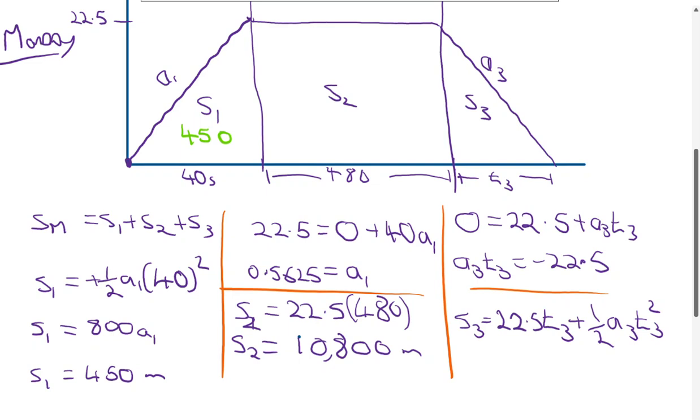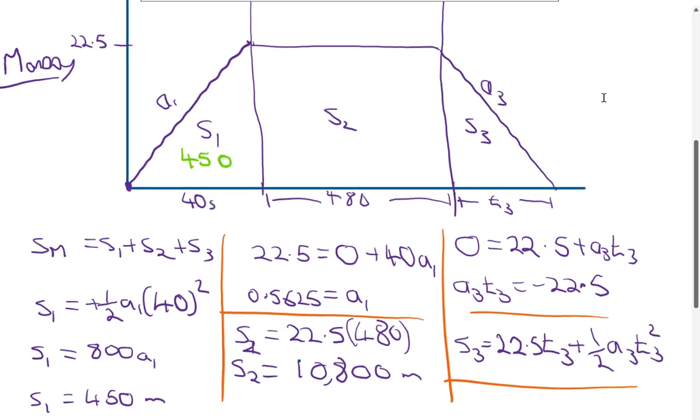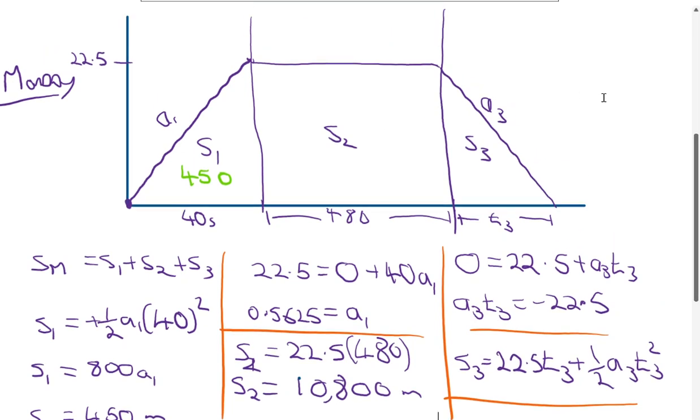So I'm not really sure what to do next. Apart from that, I think we've done everything we can in this part because we have S1 and S2, which is great. We've got some kind of understanding of what the problem is for S3.